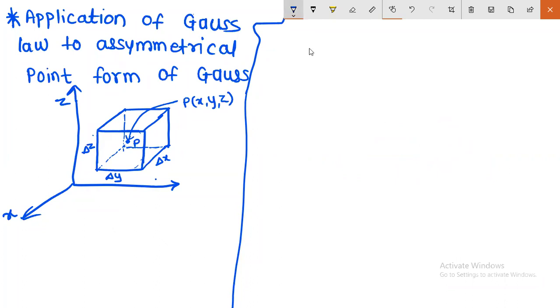Now the integration of this D bar dot dS bar for the back side.